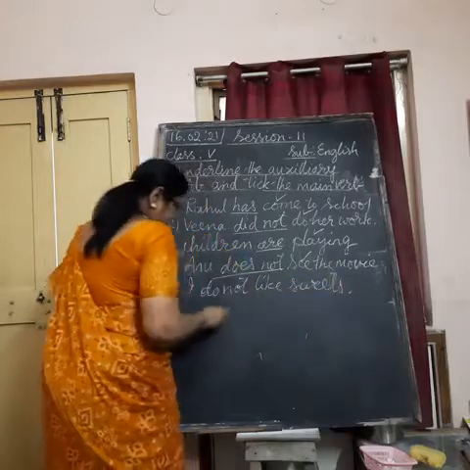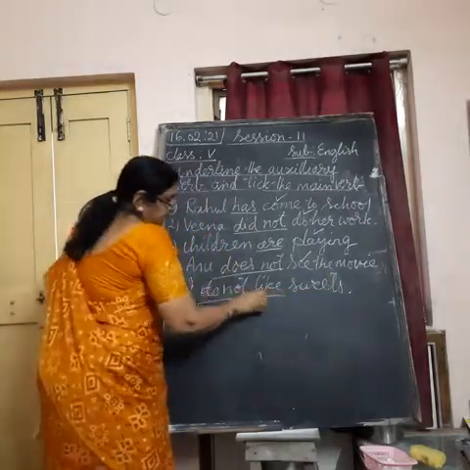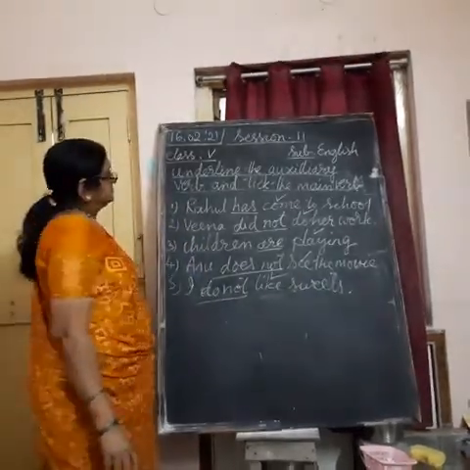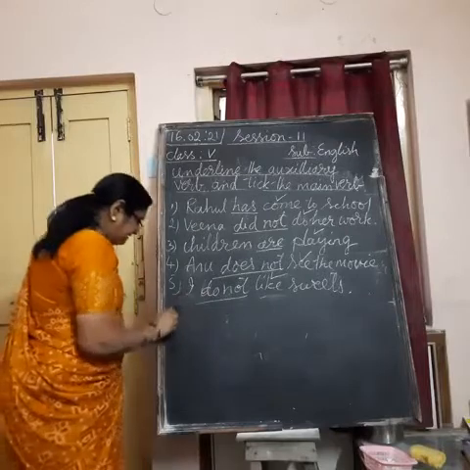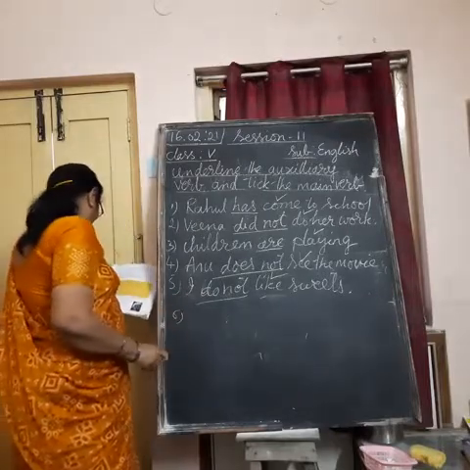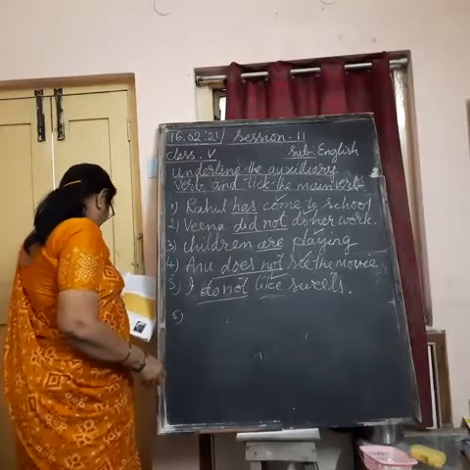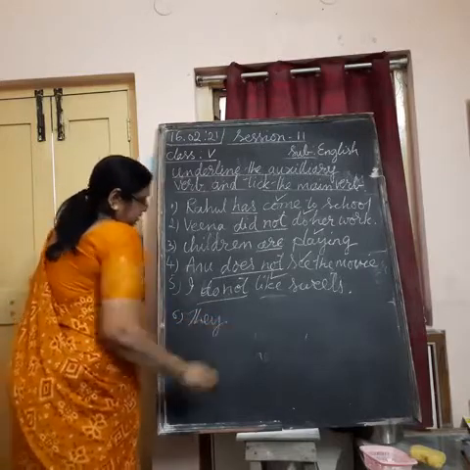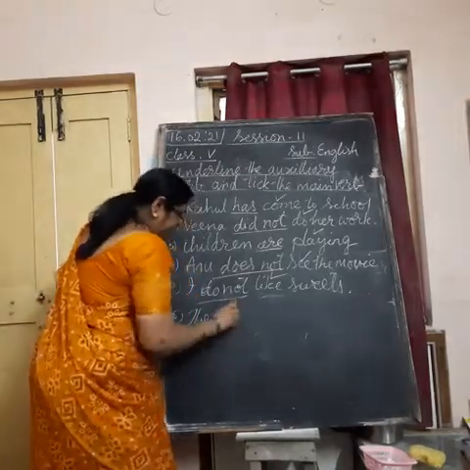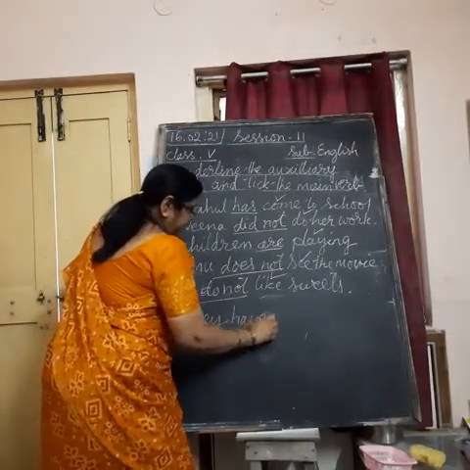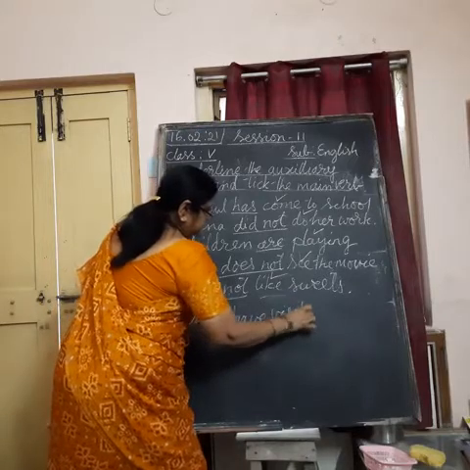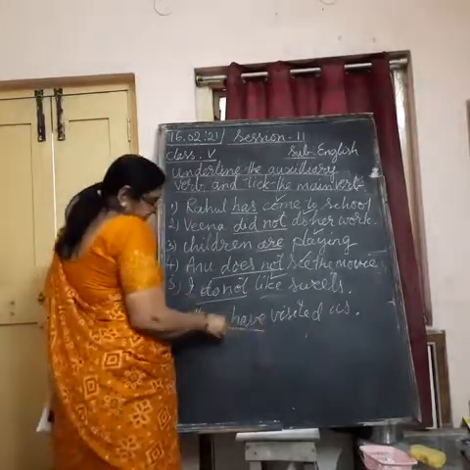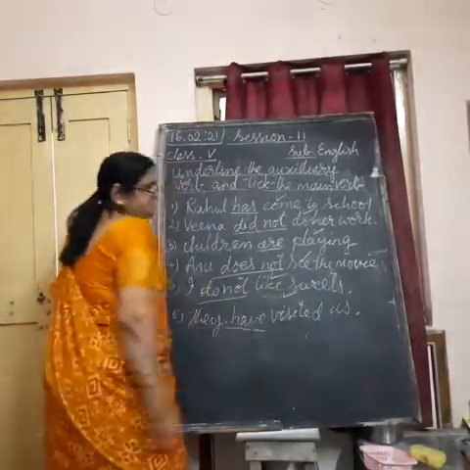If we write like that, do not is the auxiliary verb, like is the main verb. Understand? Last one. They have visited us. In this case, have is the auxiliary verb, visited is the main verb.